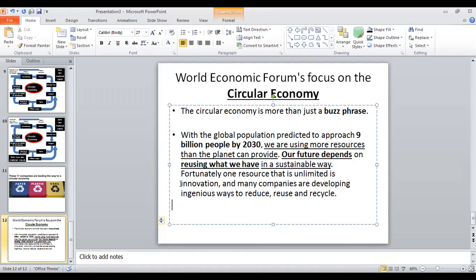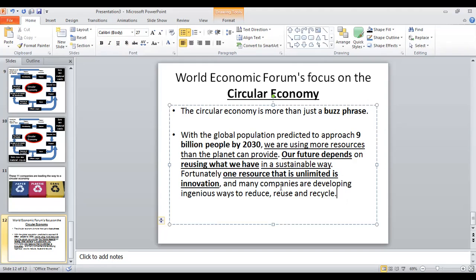So they are looking into this. One resource that is unlimited is innovation. See, they are talking about this now. We are also talking about the same. Even in sustainable consumption, in production, we talk about innovations. Yes.